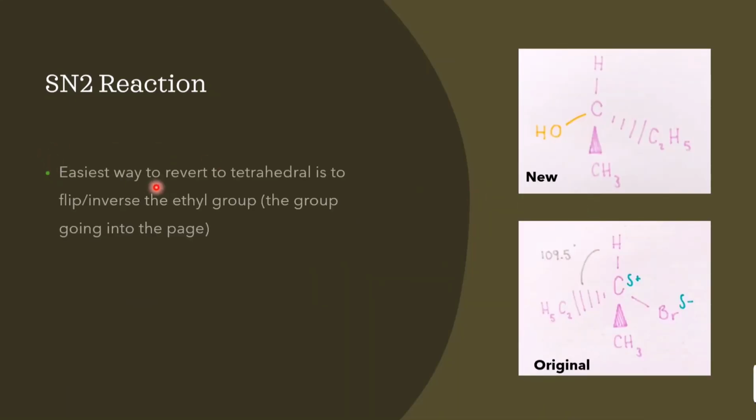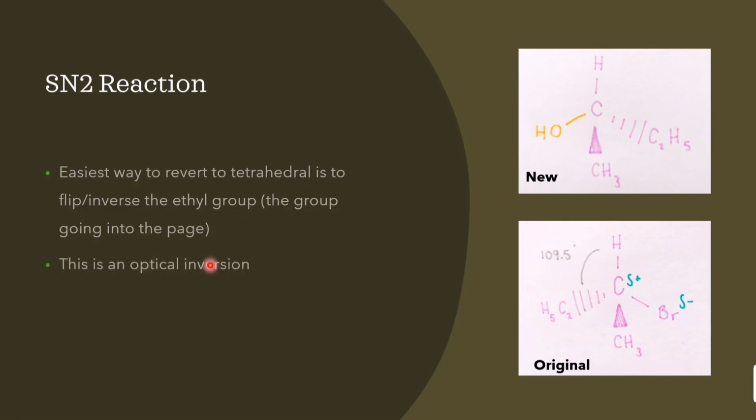So the easiest way for our molecule to now revert back to the tetrahedral, our 109.5 degree angle, is to flip or invert our ethyl group. So this is the group that goes into the page, so it's the dashed lines. So by inverting this to the other side, it gets back its tetrahedral shape easier.